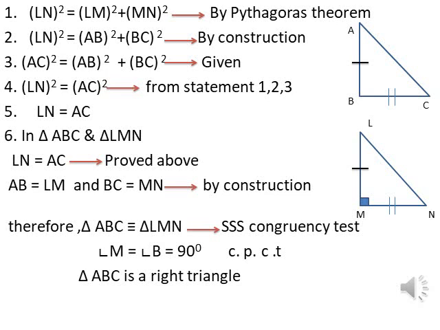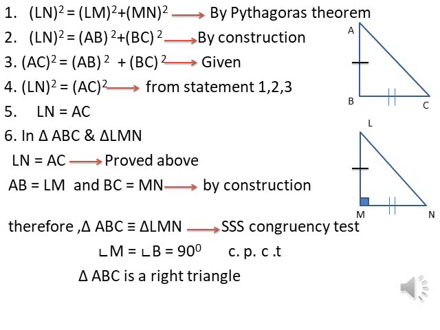From the first, second and third statements we conclude that both right hand sides are equal, so the left hand sides will also be equal. So LN square equals AC square. If squares are equal, then roots will definitely be equal. So LN equals AC.